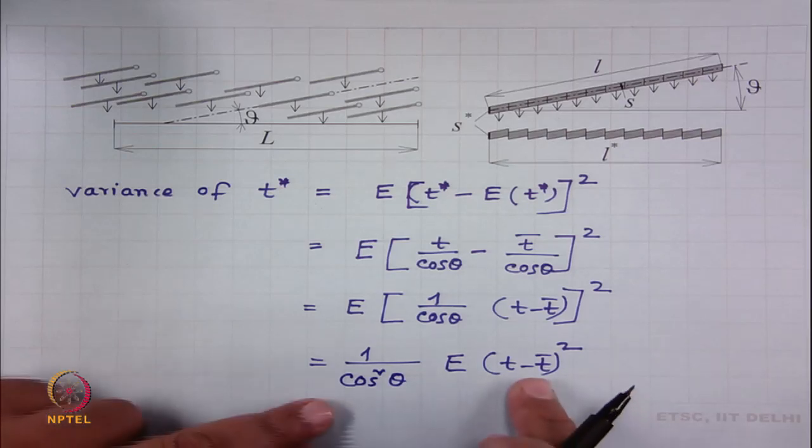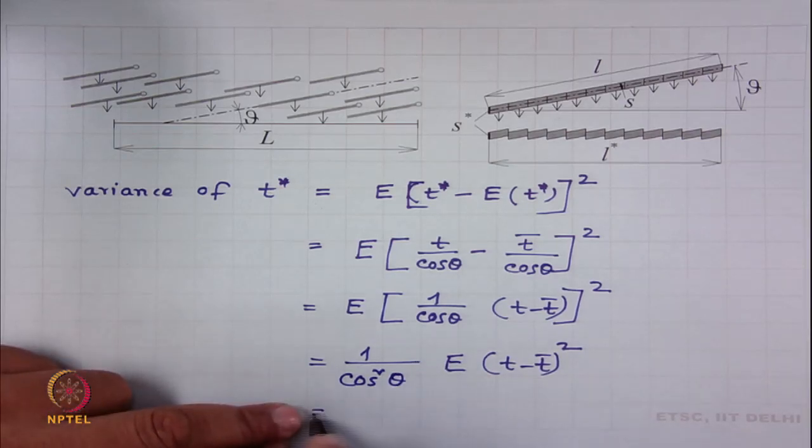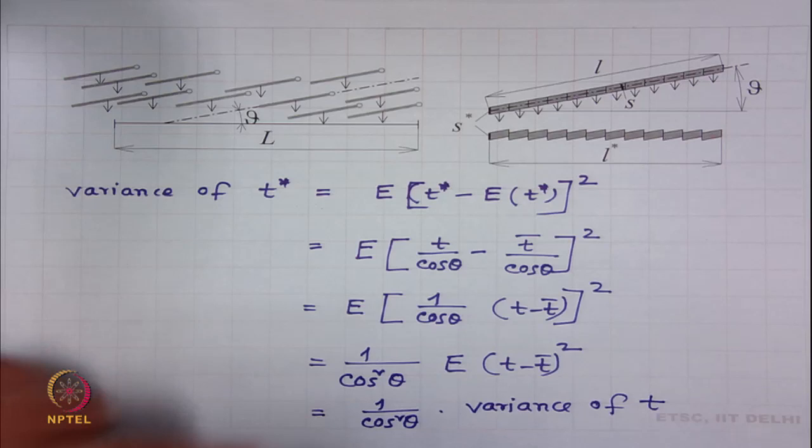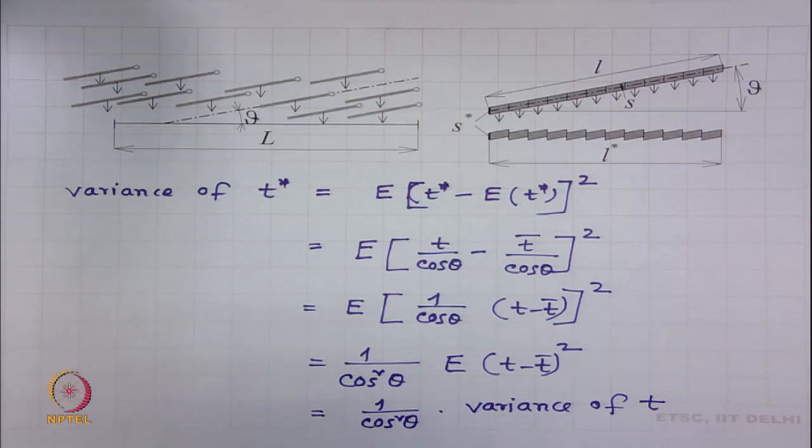So, what is this? This is the variance of t. Right.